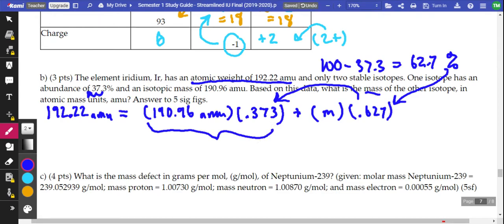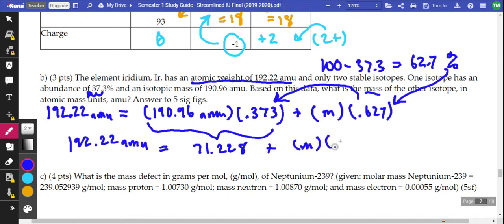190.96 times 0.373 is 71.228. That should be equal to 192.22 AMU, plus this m times our 0.627 we haven't dealt with yet.